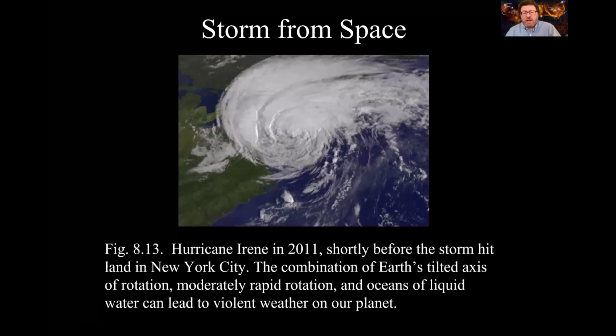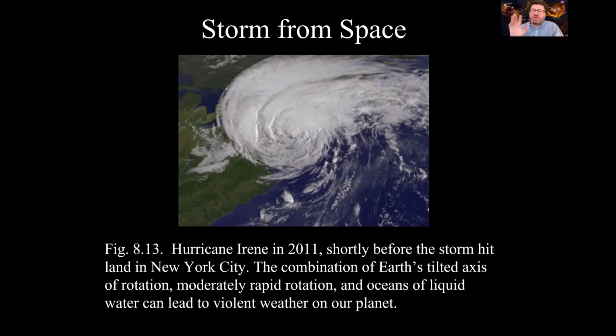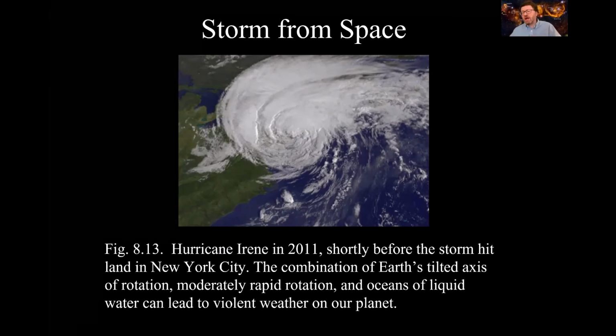Here's Hurricane Irene, imaged in 2011, shortly before that storm hit the East Coast. And the combination of the Earth's rotation and its tilt is what causes these kinds of weather patterns.